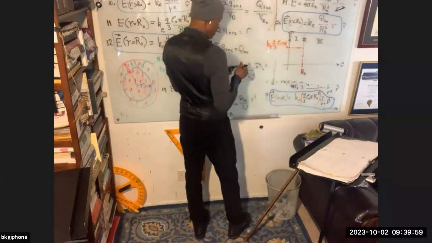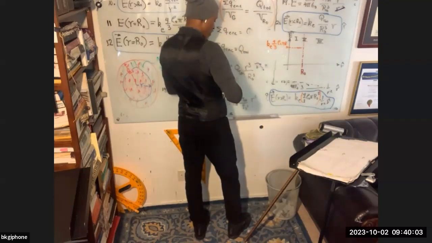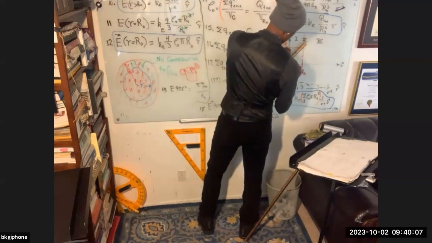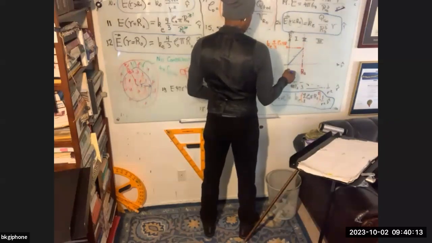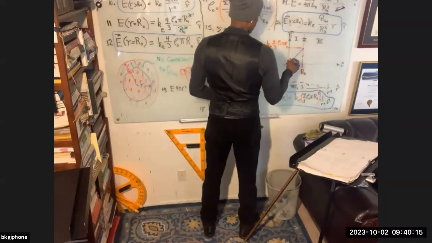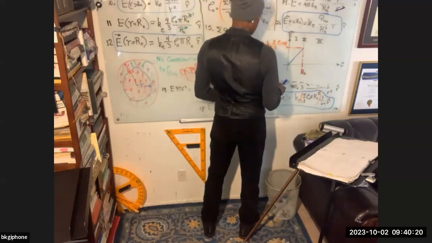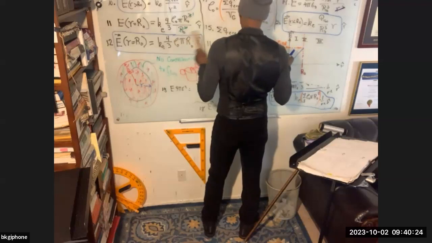So the field inside would look something like this. The two endpoints have got to match up, so it's a line. Inside is E for r less than r naught. At the surface, we have that constant.